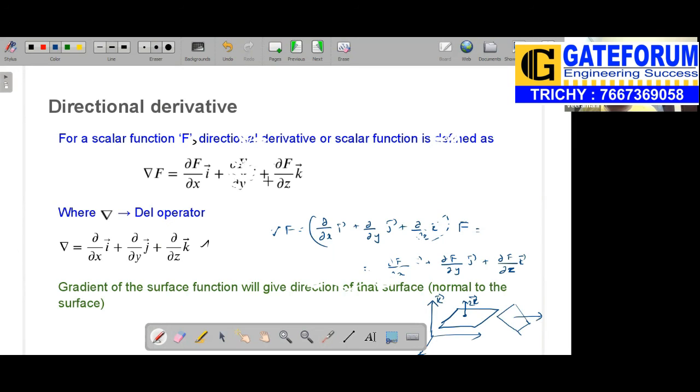So basically, for a surface function, if you take a directional derivative, that will give a direction of the surface. Or else we can say it is a normal to the surface, because the normal to the surface is what we call the direction of the surface.